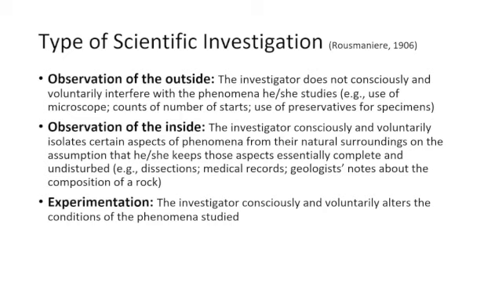Or a civil engineer compares city maps to study how West Lafayette sewer systems changed from 1915 to 2020. Observation does not involve changing any conditions of the phenomena that you study. As for experimentation, it involves investigators consciously and voluntarily altering the conditions of the phenomenon studied.